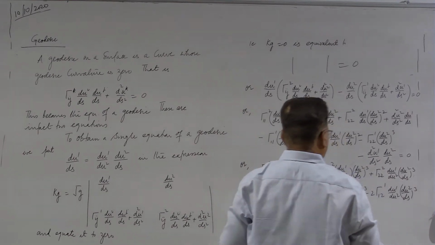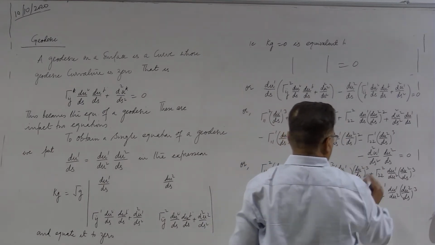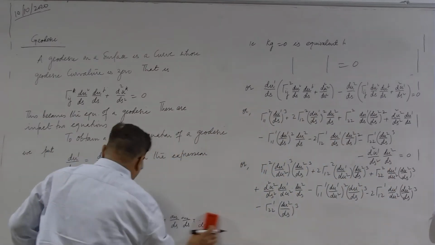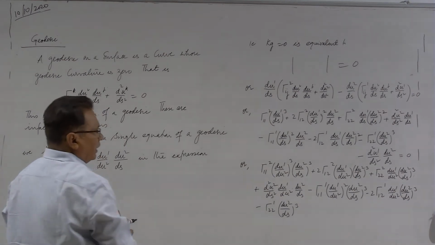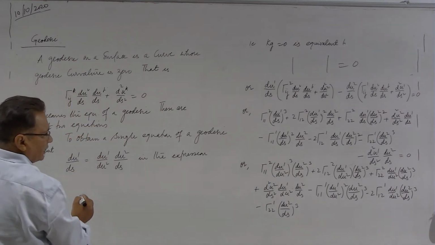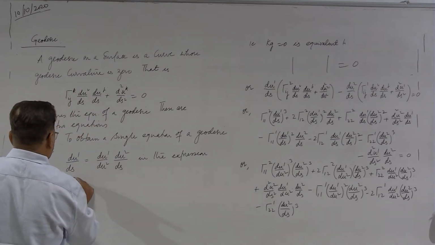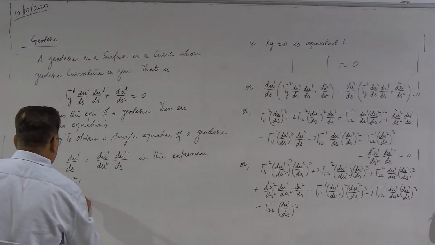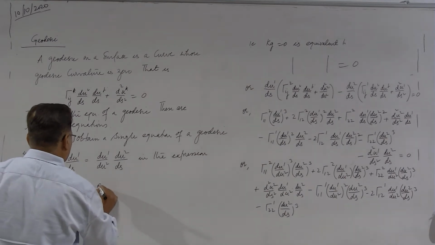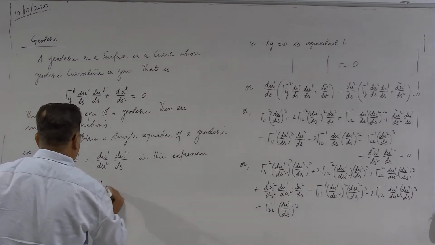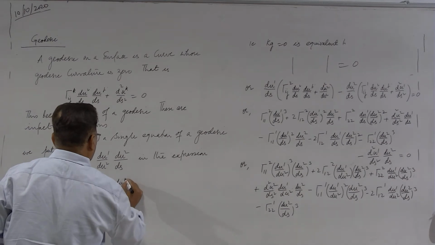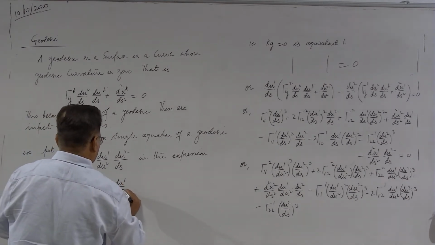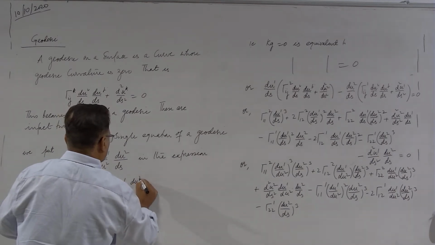Minus, this is to be resolved, we can see what it becomes. You have d²u1/ds², that I can write down as d/ds of du1/ds, and this du1/ds I will write down as du1/du2 into du2/ds.